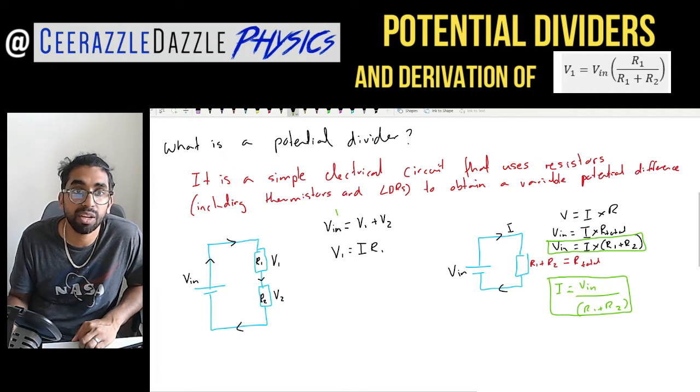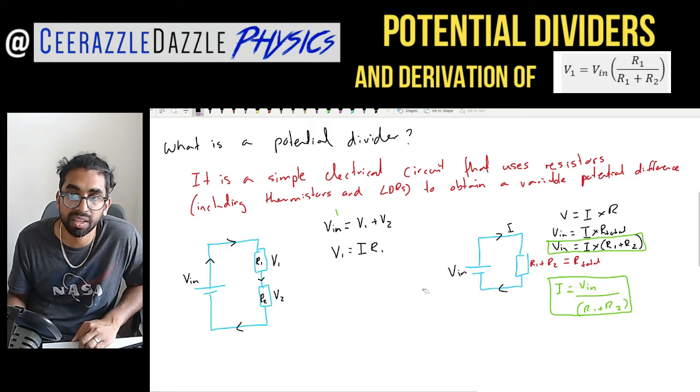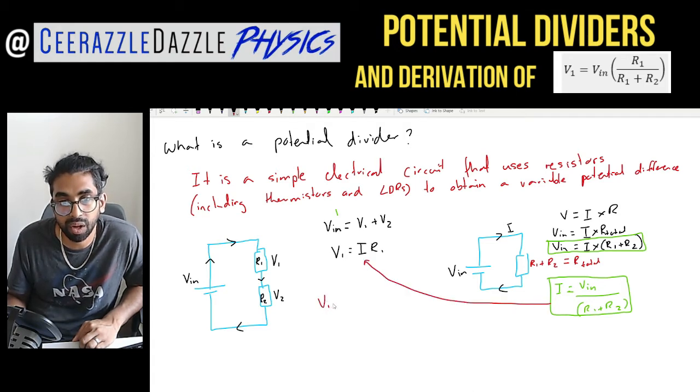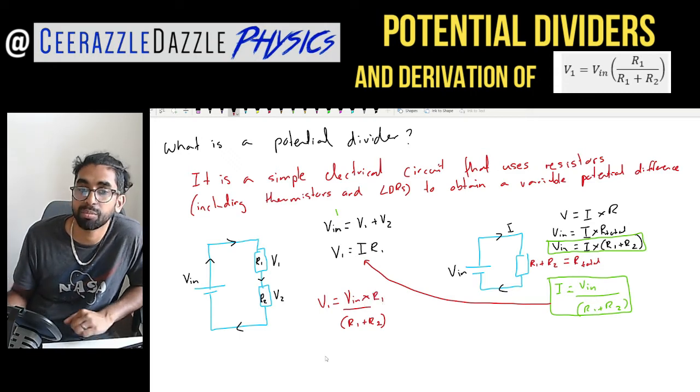So we're going to now substitute it into this one over here. Therefore, V1, yes, the voltage across 1 will be equal to V in divided by R1 plus R2. And don't forget, guys, we're multiplying it by R1 at the top over here.